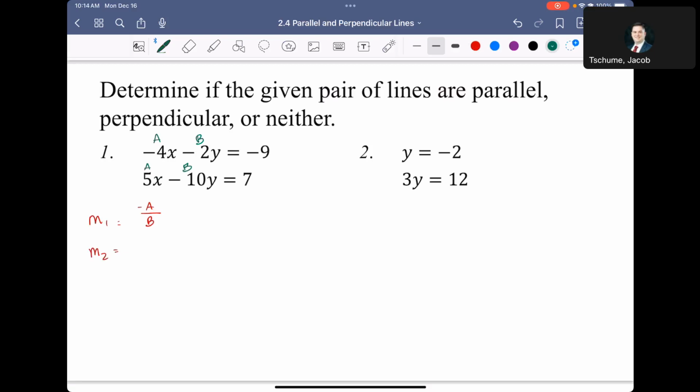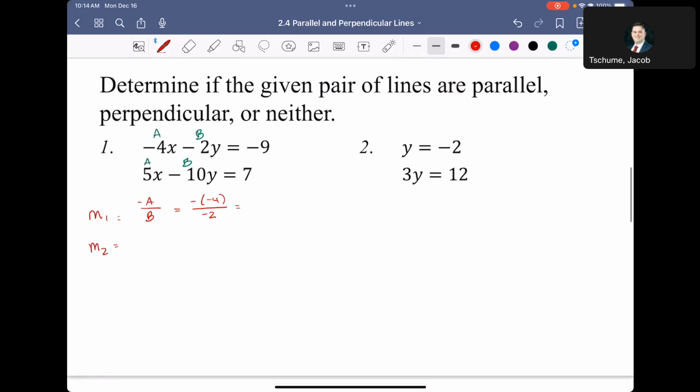And so if you use those numbers, we can calculate each of these slopes pretty quickly. So for the first one, you would end up having -a, so that would be the negative, and a is -4, divided by b, which is -2. Well, two negatives give you a positive, so that's 4 divided by -2, which is equal to -2. So there's your first slope.